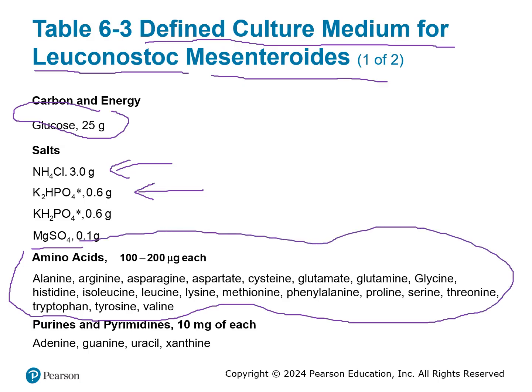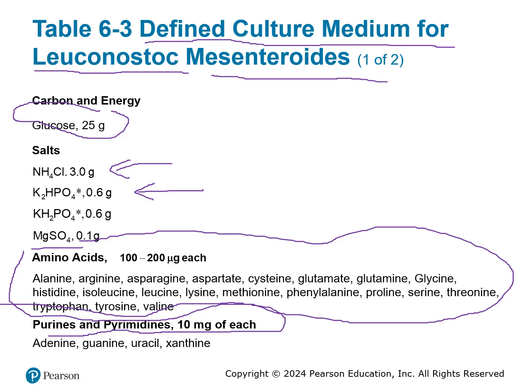Okay, is this all of them? Alanine, arginine, asparagine, aspartate, cysteine, glutamate, glutamine, glycine, histidine, isoleucine, leucine, lysine, methionine, phenylalanine, proline, serine, threonine, tryptophan, tyrosine, and valine. All right, and then it has some purines and pyrimidines.